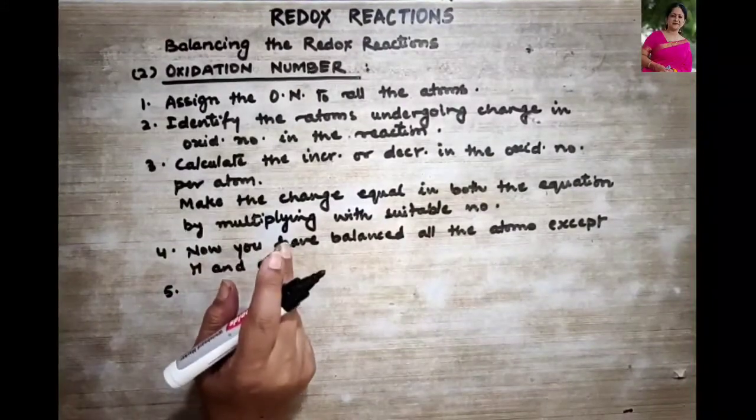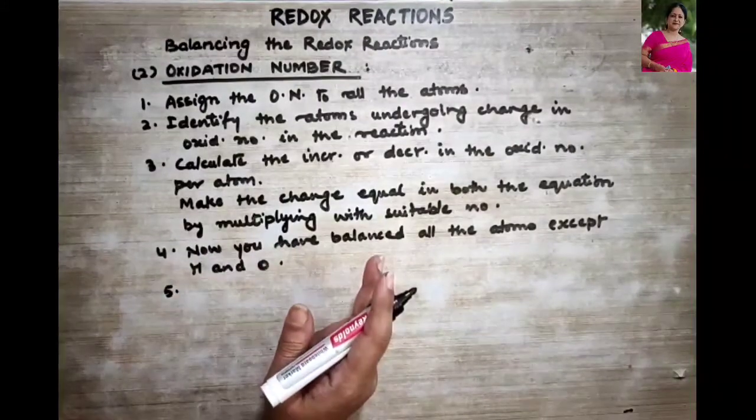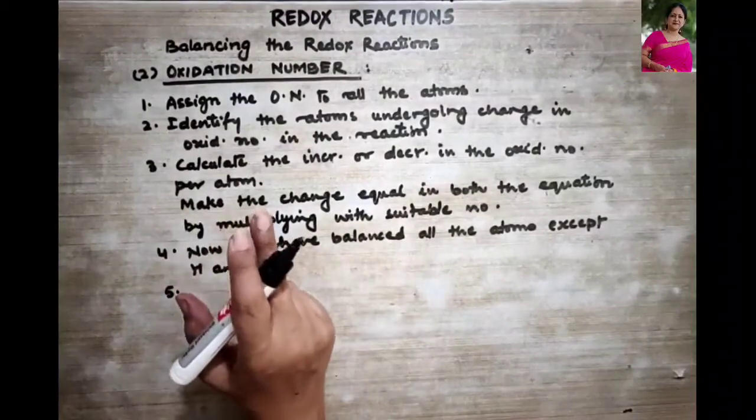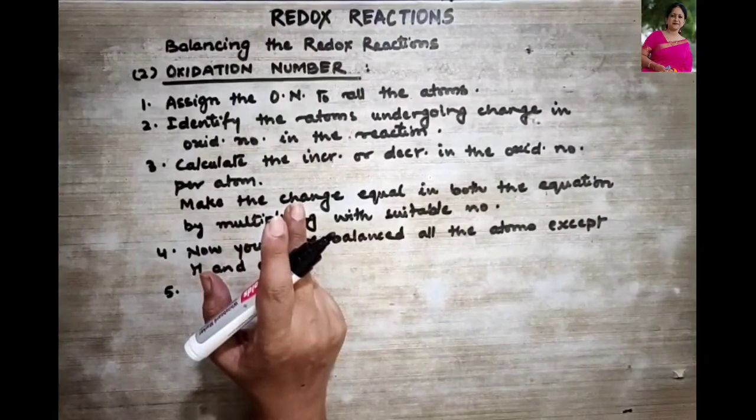Now, the next, fifth point is very important. In this ionic equation, the net charges on both the sides of the equation should be exactly the same. This is what I had told you in the ion electron balancing also.